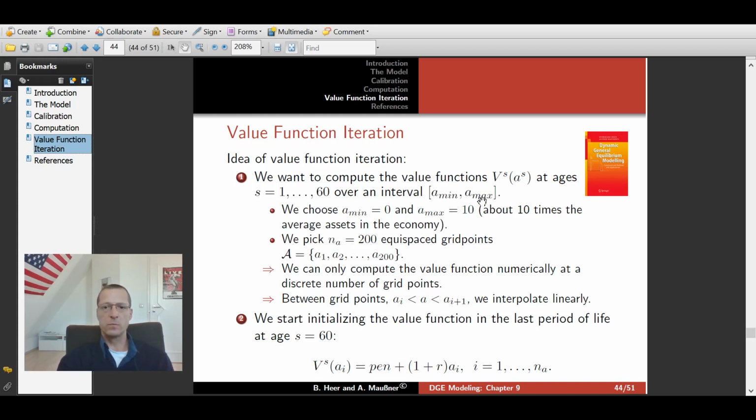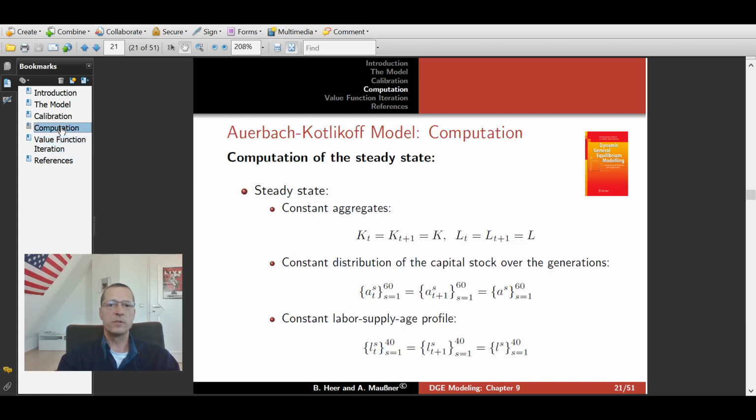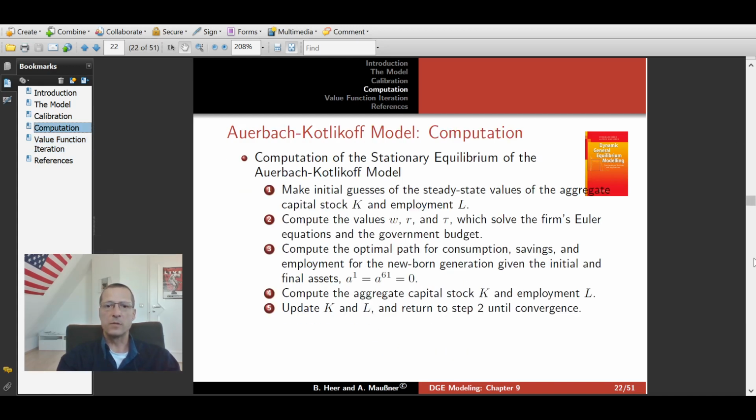So we choose a_min as our credit constraint. The lower bound of our wealth level is 0. And now we have to choose an upper wealth level. Now from our algorithm, let me show you the algorithm here again. We started the algorithm, remember, by specifying an initial value of capital stock and employment.